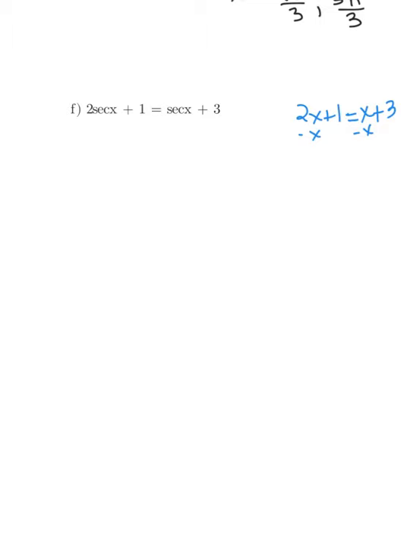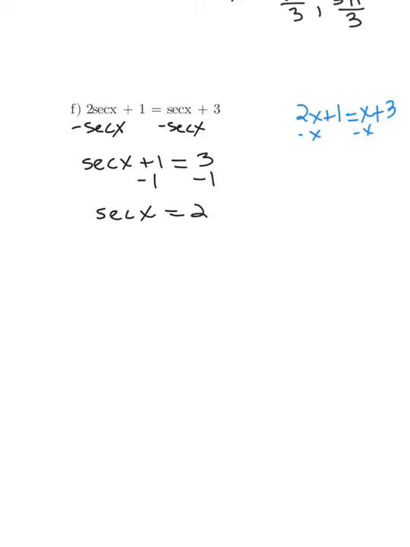We're going to subtract secant of x from both sides. So 2 times the secant of x minus 1 secant of x will leave you with 1 secant x plus 1 equals 3. We are going to subtract 1, and we now have secant of x equals 2.